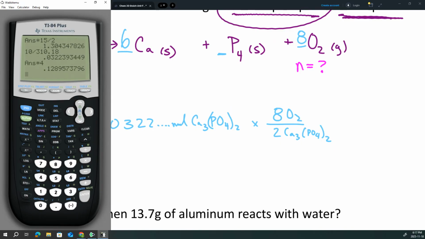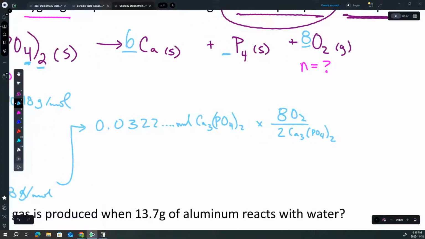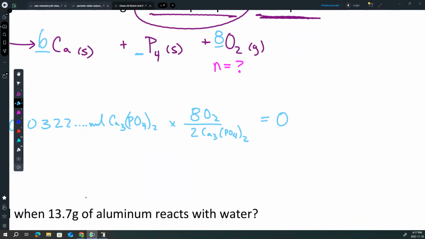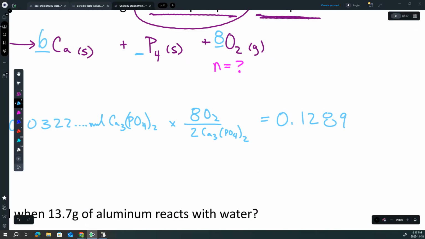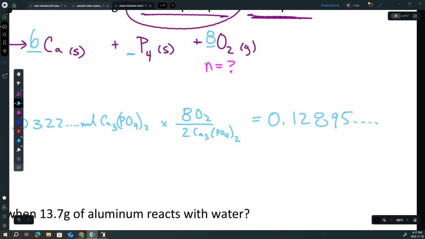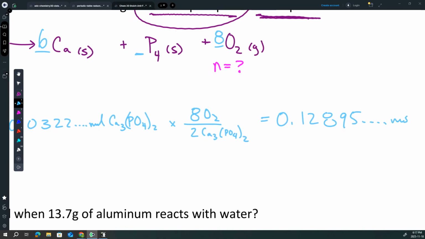Okay, so we get 0.1289, goes on forever. And that's moles.